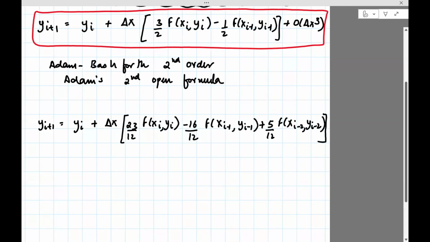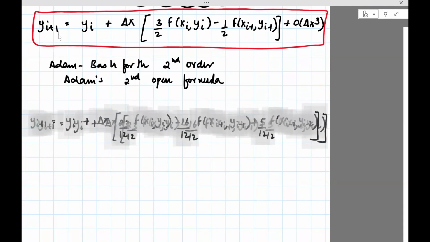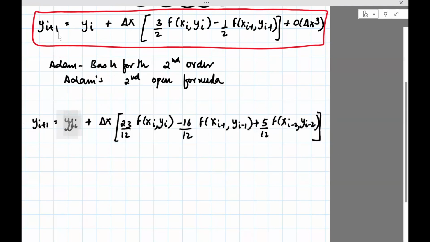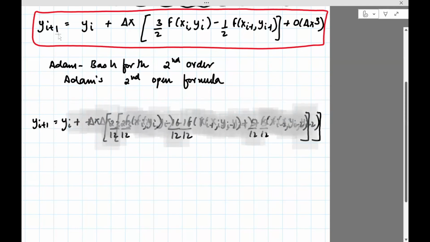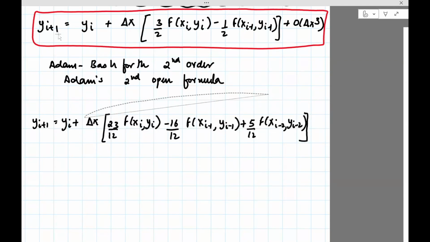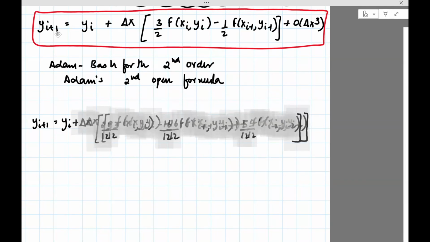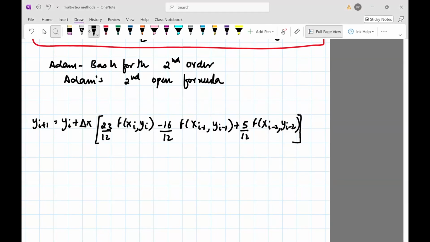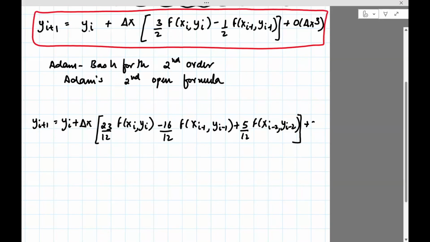Okay, need some space for the truncation. Okay, and the truncation is of the order delta x raised to 4.